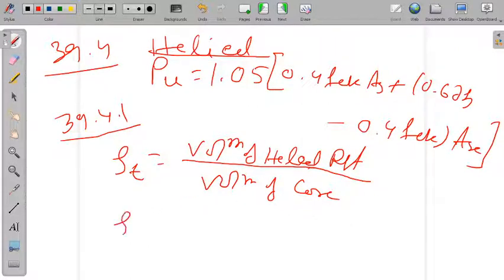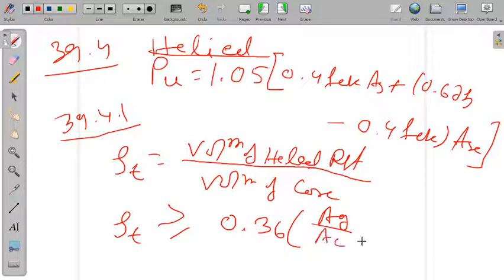So as per the codal provision, this shall not be less than, means must be greater than or equal to, what is given: 0.36 into (AG by AC minus 1) into FCK by FY.